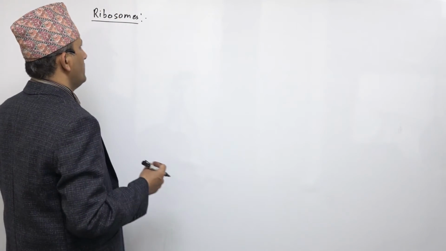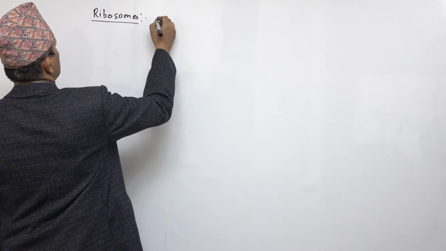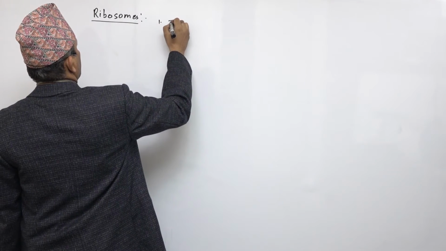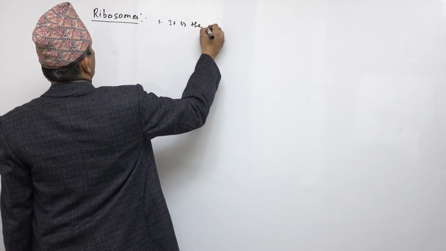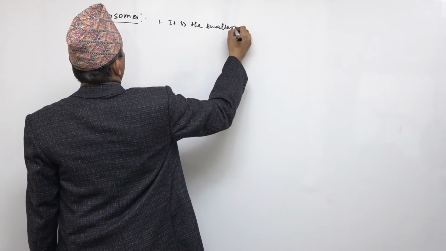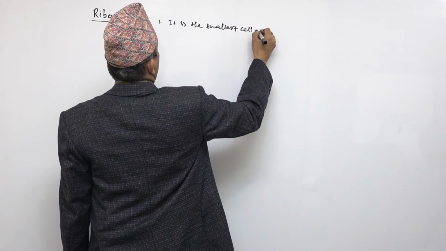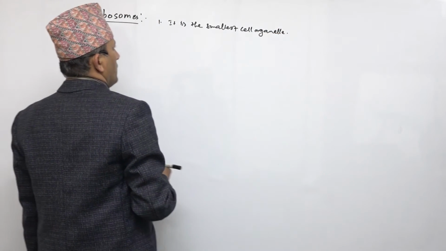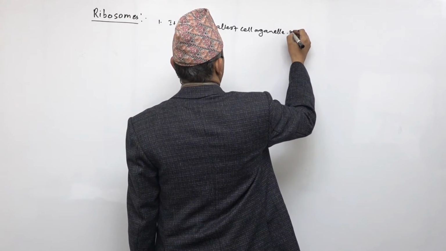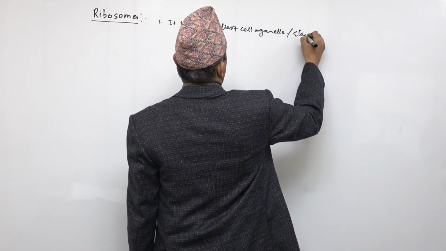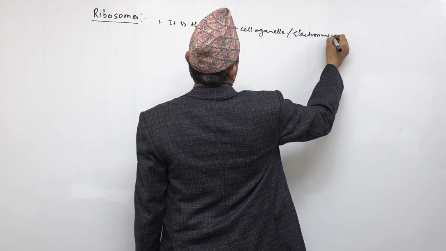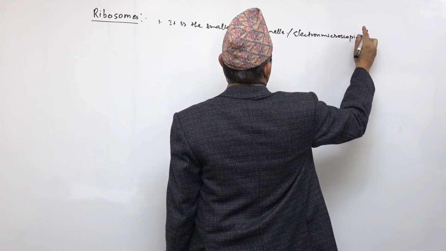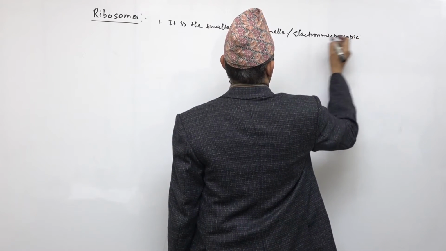Okay, यो कुरालाई म यहाँ point wise राख्दैछु. So ribosome, number one, it is the smallest cell organelle, and that's why it is electron microscopic. Electron microscopic means it can be seen only with the help of an electron microscope.